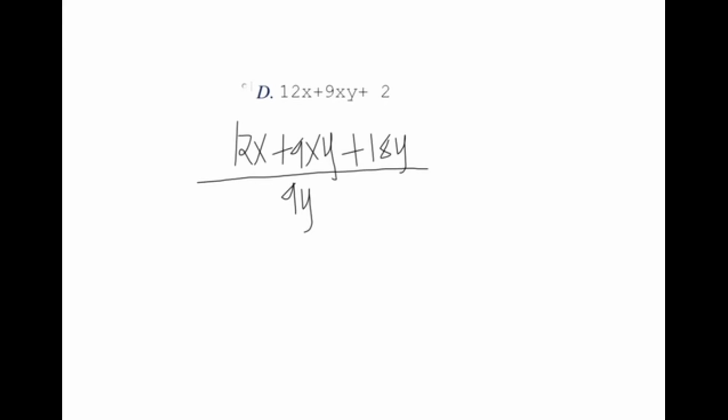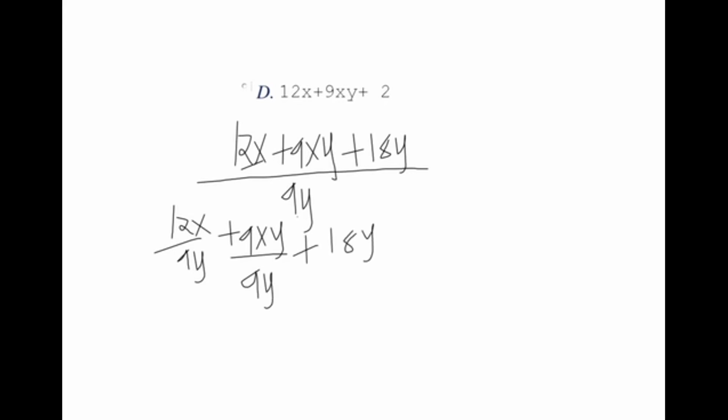So to simplify this, we are going to divide each term individually: 12x divided by 9y, then plus 9xy divided by 9y plus 18y divided by 9y.